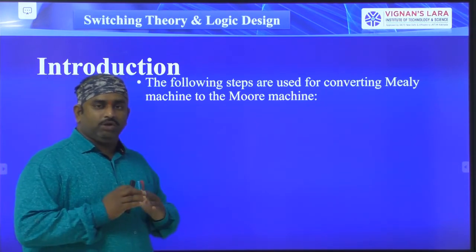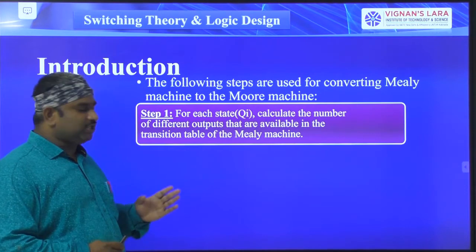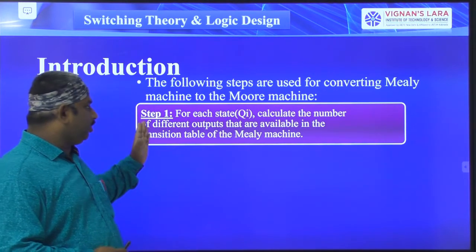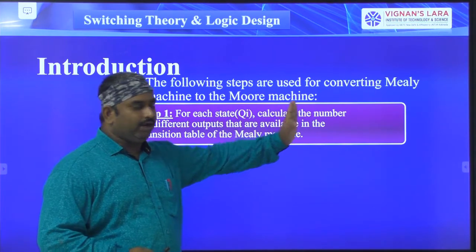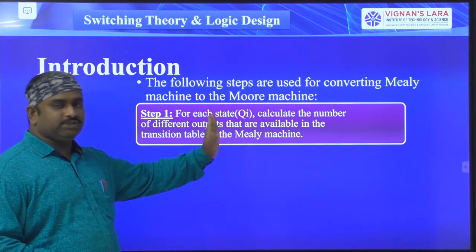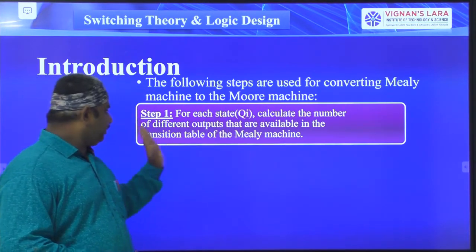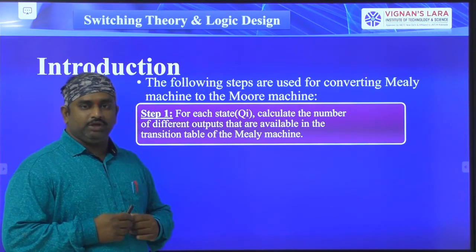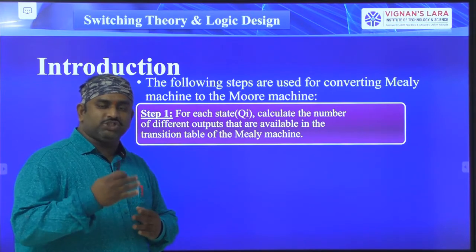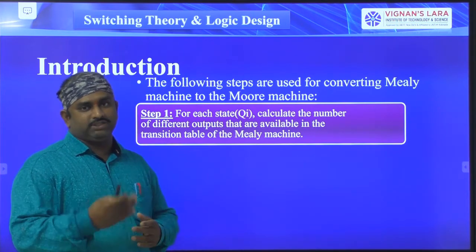We have 3 steps for converting a Mealy machine to a Moore machine. Step 1: for each state Qi, calculate the number of different outputs available in the transition table of the Mealy machine. In the Mealy machine, we have the next state and outputs for x equal to 0 and x equal to 1.